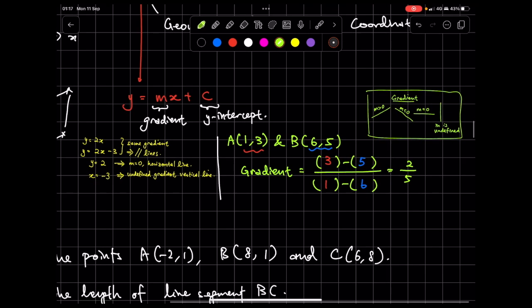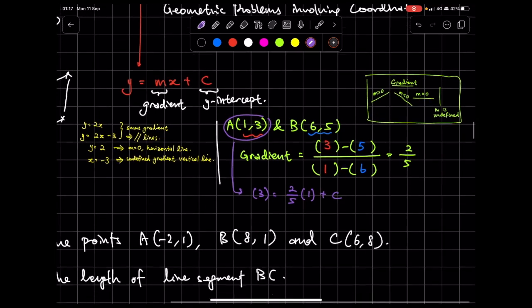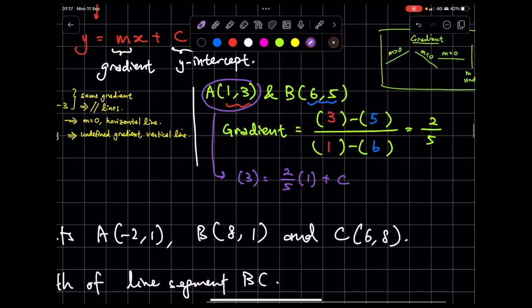Now what do I need to do? I put it into y equals mx plus c, but I'm going to sub in A. Maybe I'll use purple to sub in. So I'm going to say y, which is 3, equals gradient, which is 2 over 5, times x value, which is 1, plus c. So how do I find c? I just need to rearrange.